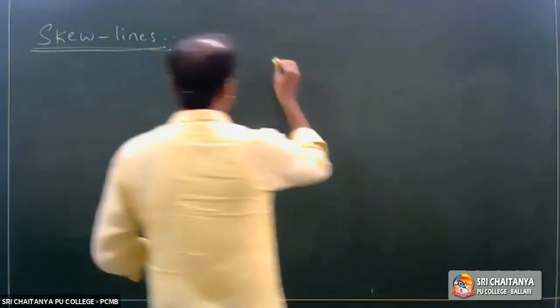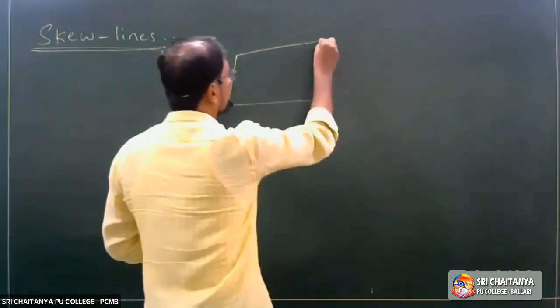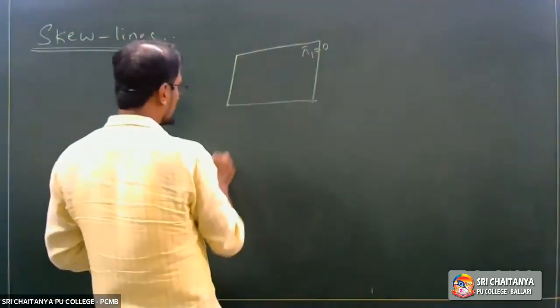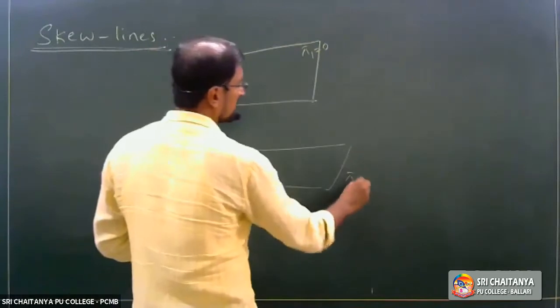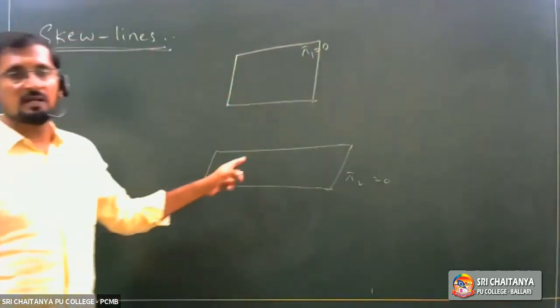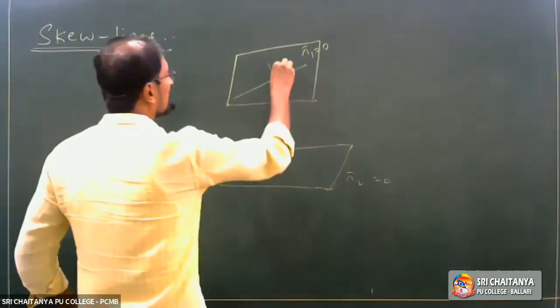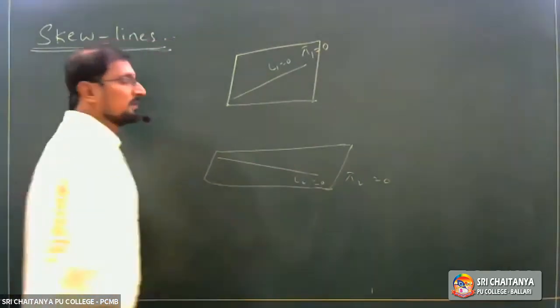Suppose this is a plane pi1 = 0, and this is another plane pi2 = 0. If this is one plane and this is another plane, this is L1 = 0 and this is L2 = 0.